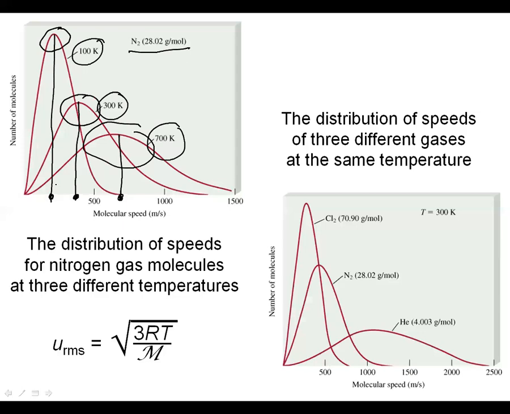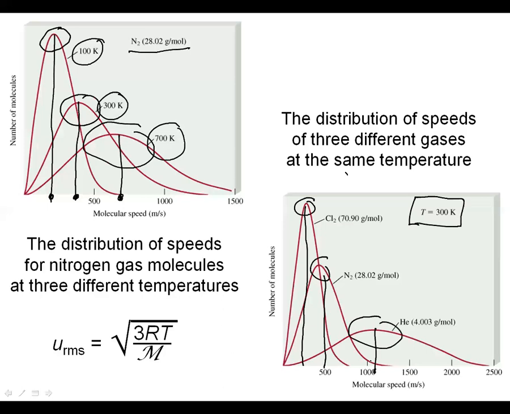Now, when we look at different gases, all at the same temperature, we see chlorine has a speed of over here. Nitrogen is about there. And lastly, we see helium, which is over here, has a speed of about here.